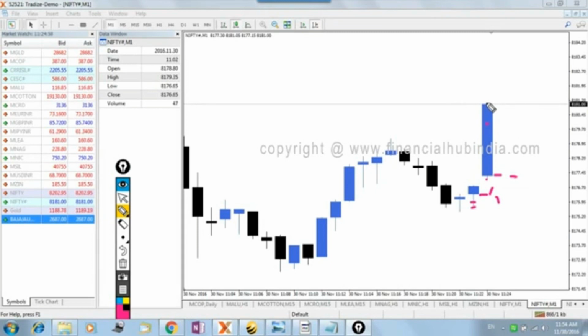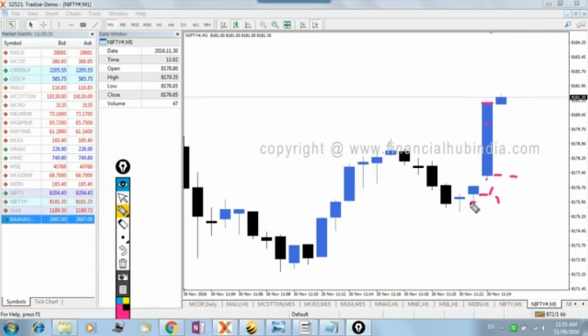So far this is the highest point. Okay, see, we don't have a tick here on the upside. Why is it so? Because it closed on the highest point. So when it closed on the highest point, the highest point is the closing point. So the high value is the same as the closing value. So it can also happen sometimes in a candle. You won't see the tick on the upper side or lower side.